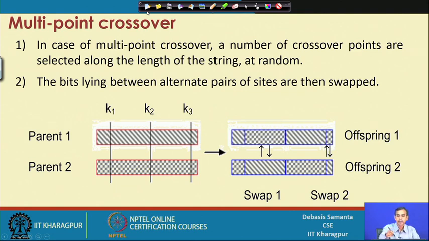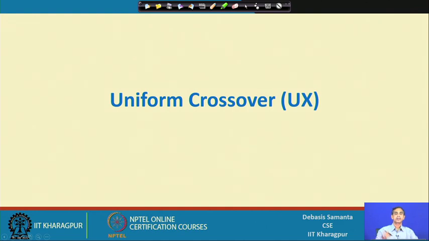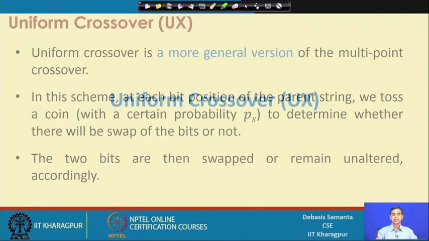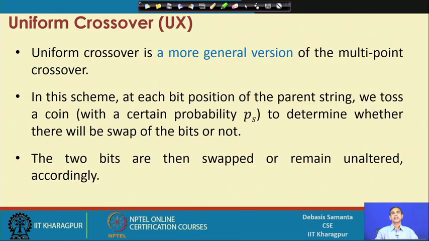Now, let us discuss another crossover mechanism which has its own benefit. It is called the uniform crossover mechanism. It is also abbreviated as UX. In fact, it is a more general version of the multi-point crossover mechanism.